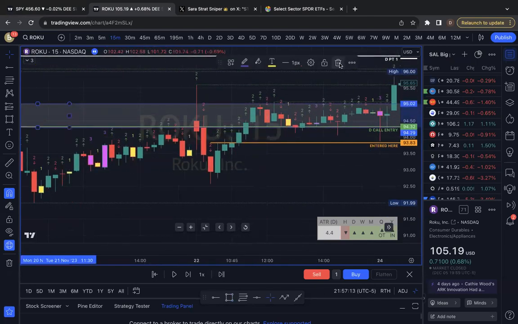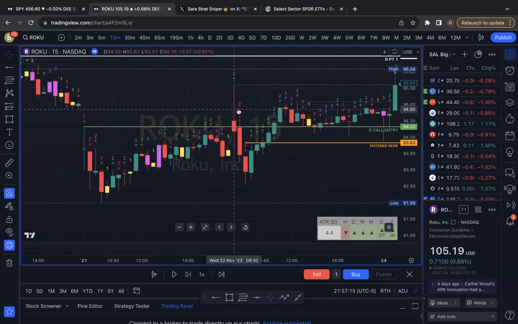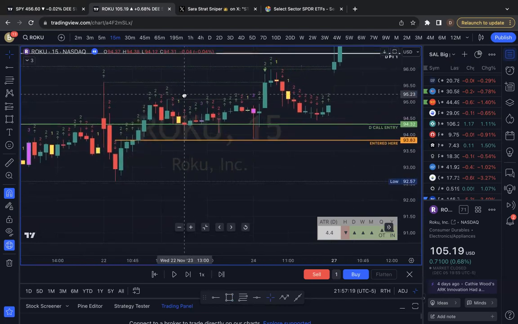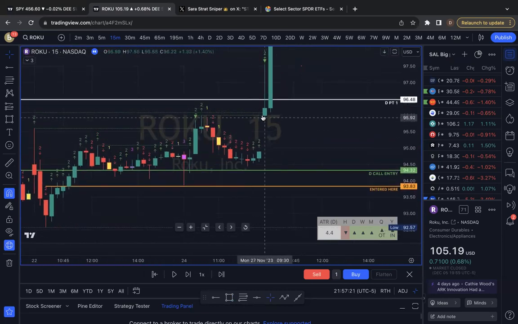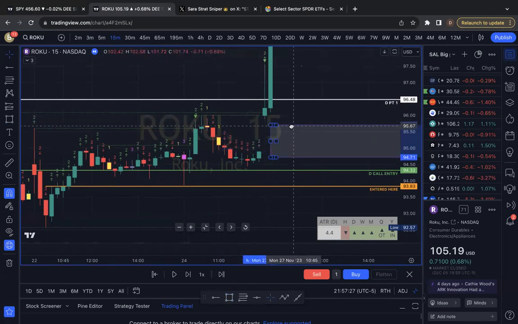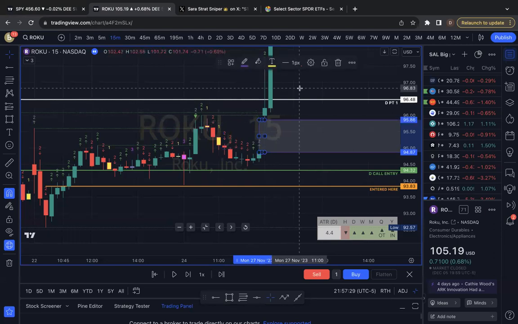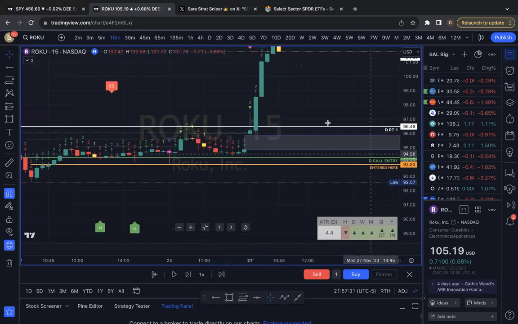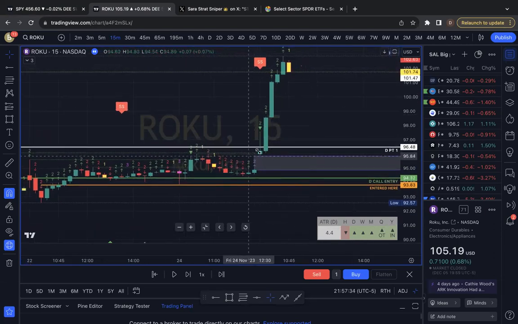So honestly, disregard that, because I draw my gaps on a daily. But for this day, I would draw this gap for sure, just in case we decide to come back down. I'll have some type of reference, and we didn't.